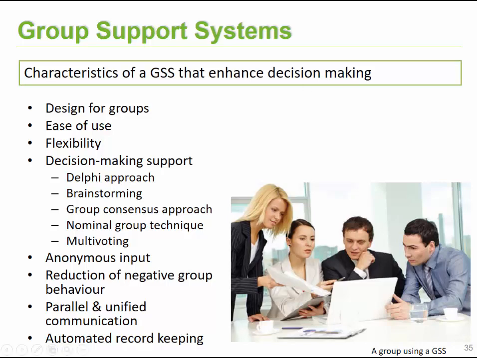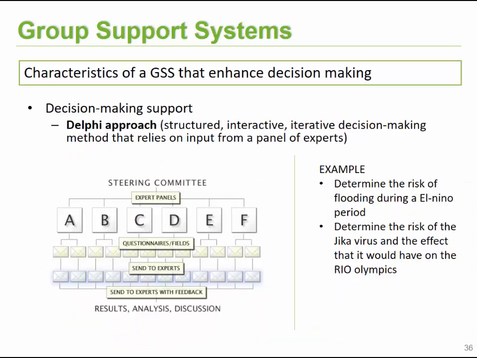The first one we're going to refer to is the Delphi approach. Now, the Delphi approach can be categorized as a structured, interactive, iterative decision-making approach where we've got input from a panel of experts. For example, we've got our group members that need to come to a conclusion. They don't have the necessary knowledge and skills.